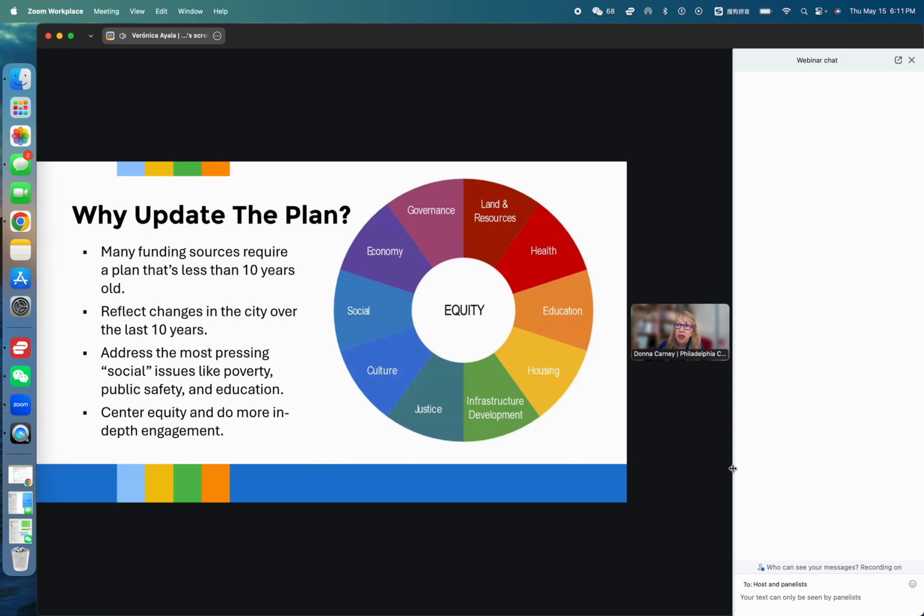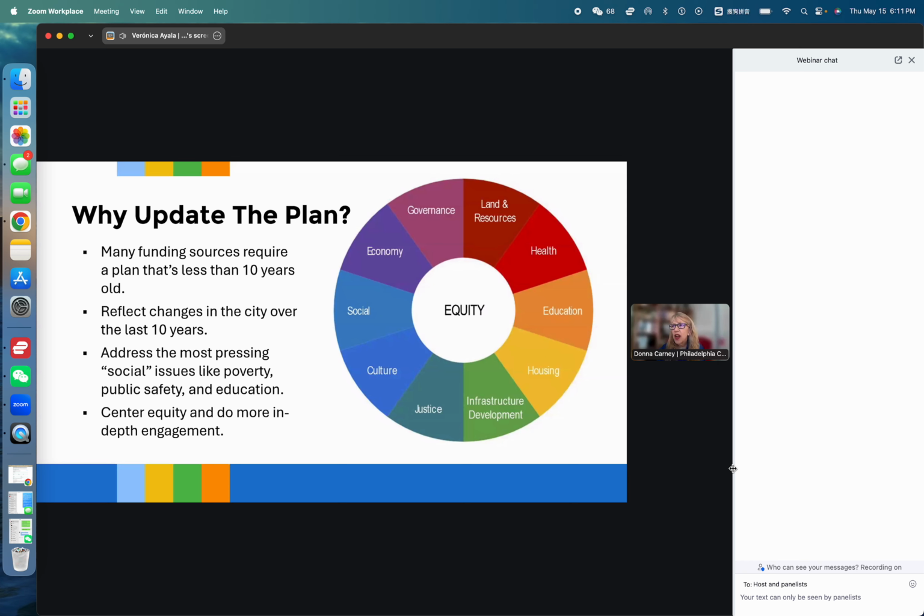This plan must meet the changing social and economic conditions in Philadelphia and the world. Updating the plan helps us ensure that the plan reflects what Philadelphians want today, and that includes addressing pressing issues like poverty, public safety, and education. It also helps us stay competitive for funding to complete projects recommended in the plan.